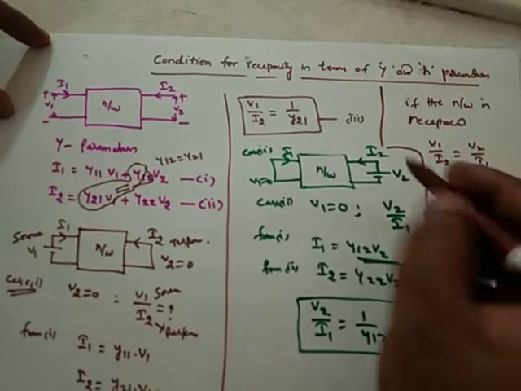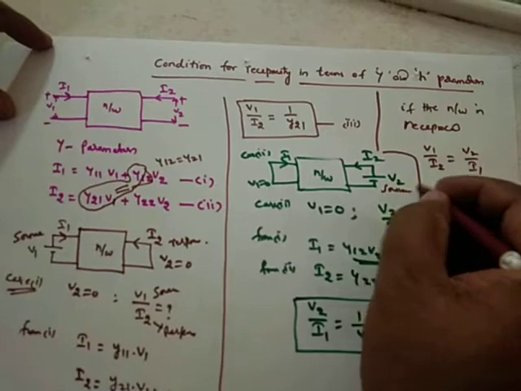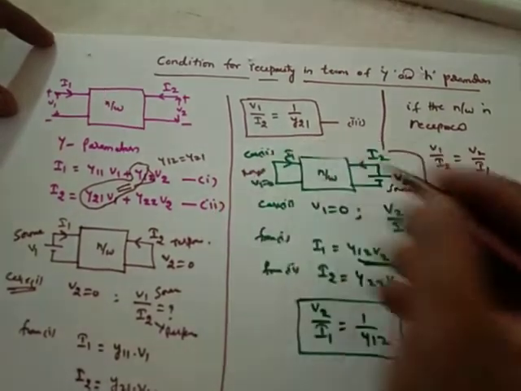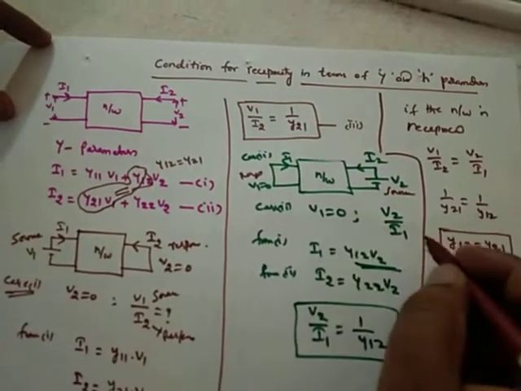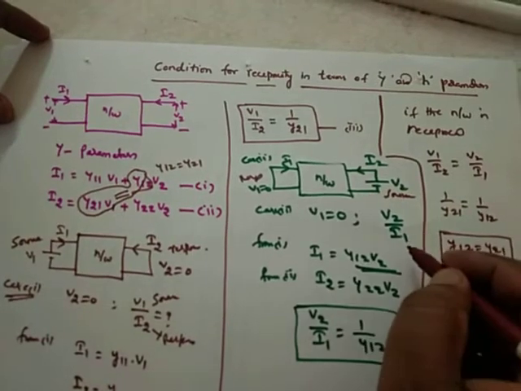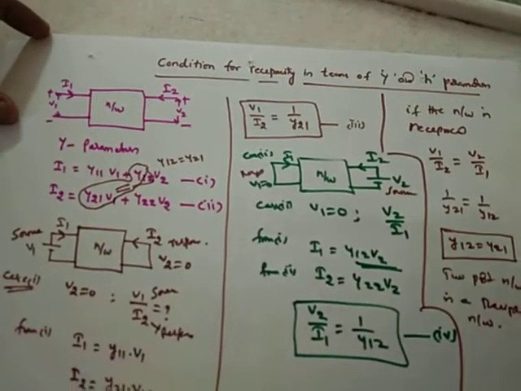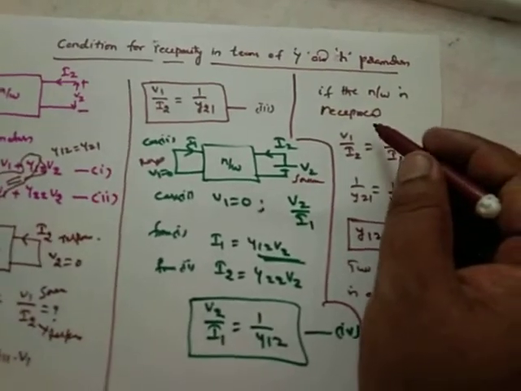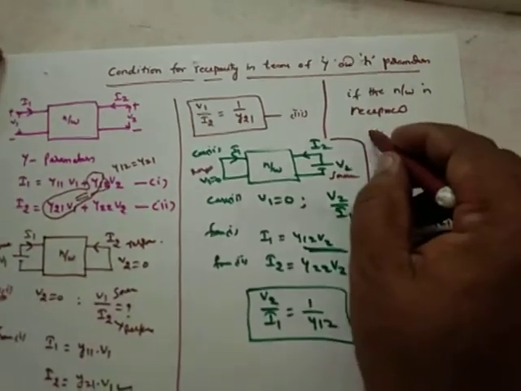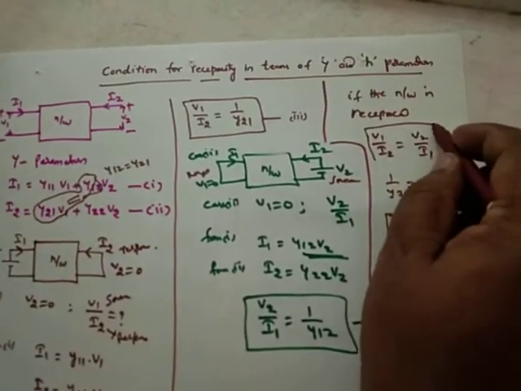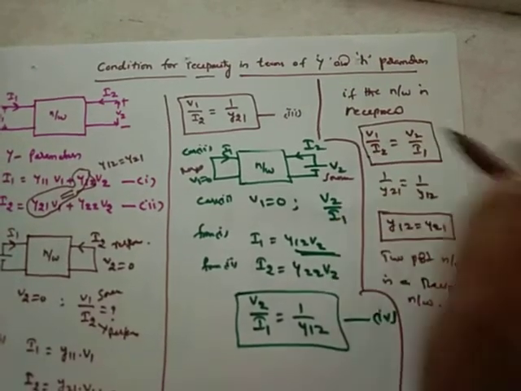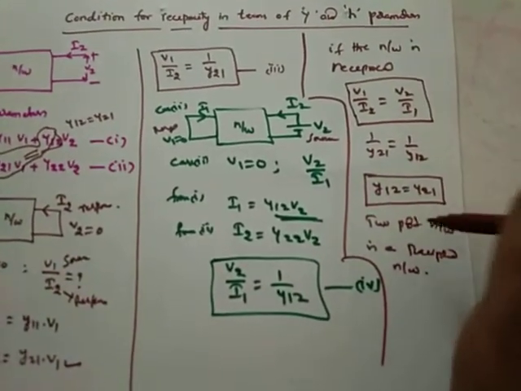Similarly, interchange source and response, and v1 is equal to 0. Find v2 by I1. Then you will get again 1 by y12. If the network is a reciprocal network, the condition is v1 by I2 is equal to v2 by I1. Then substitute.